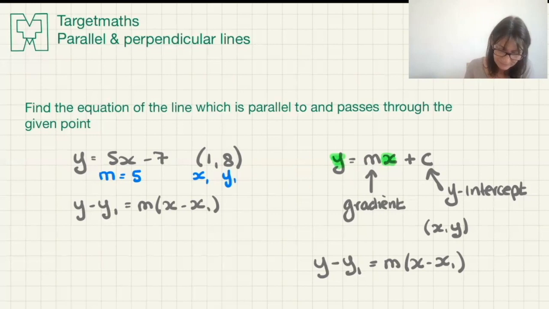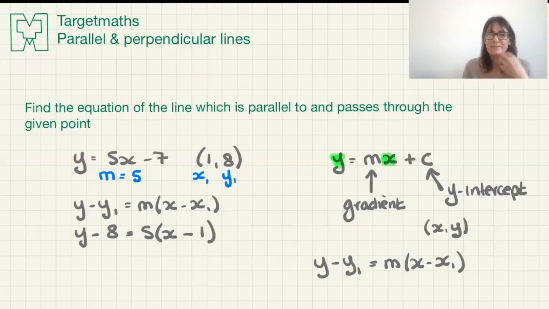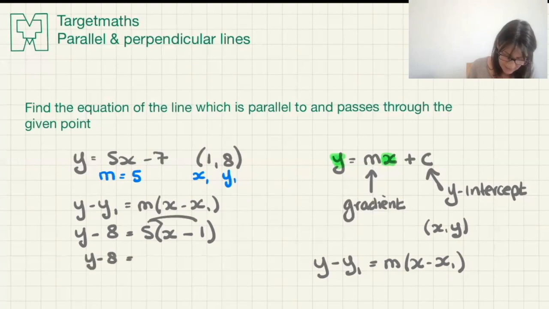So I've got y - y1, which is y - 8, equaling m, m is 5, bracket, x - x1, and x1 is 1. I've now created some maths that I need to expand on this side. Okay, so I've got y - 8 = 5x, and 5 times -1 is -5.